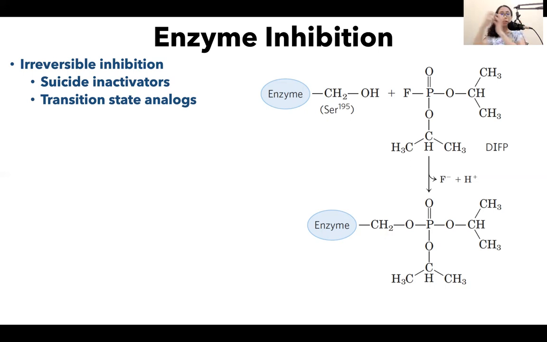You can actually synthesize some molecules that mimic this transition state, and these transition state analogs will have very high affinity to the active site of an enzyme. And if it has some functional groups that can form a covalent bond with a specific amino acid residue, then you can also achieve irreversible inhibition.